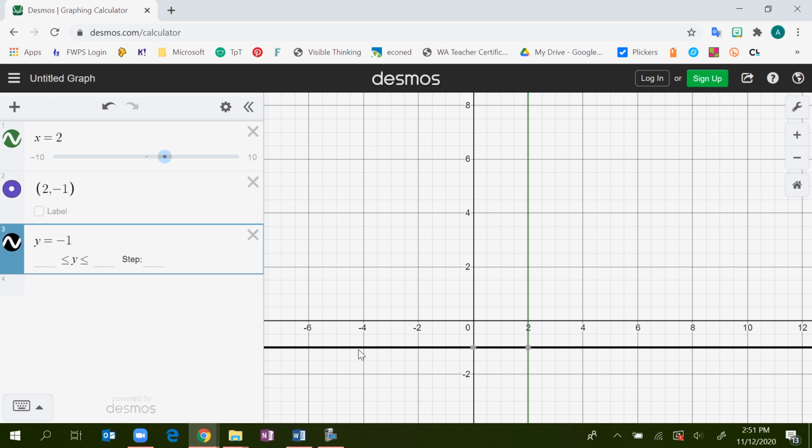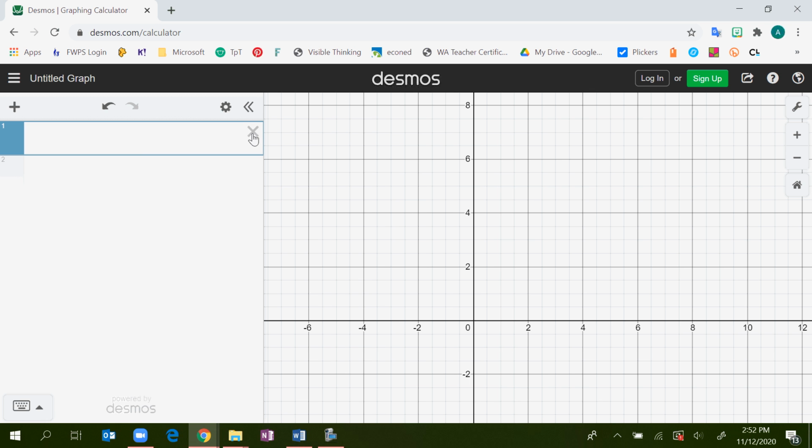So now we see our horizontal line of y equals -1, my vertical line of x equals 2, and they both go through this point of 2, -1. Hopefully we see a slight pattern here. If given a point, my horizontal and vertical lines will correspond to my x and my y.